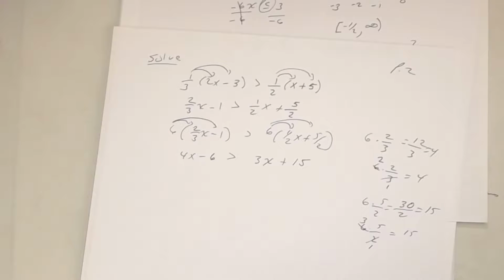All right, now what's the next step? So now you notice there's no longer any fractions. Okay, what's the next step? Combine like terms. Well, yeah, the next step would be that, but there's no like terms to combine. So what will be the next step? Bring the variables to one side, constants to the other. So what do you want to do first? Subtract 3x.